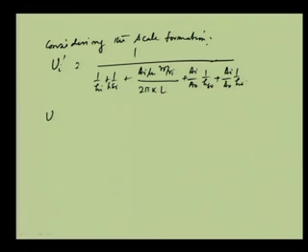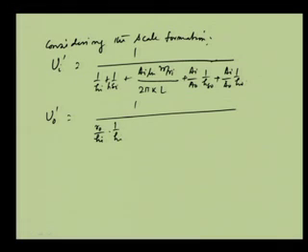And then Uo dash would be 1 by [Ro/Ri into 1/Hi plus Ro/Ri into 1/HSI], this is in terms of radius.